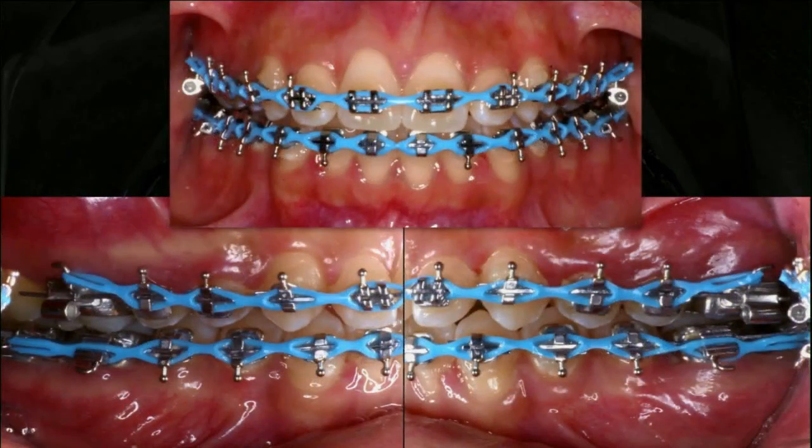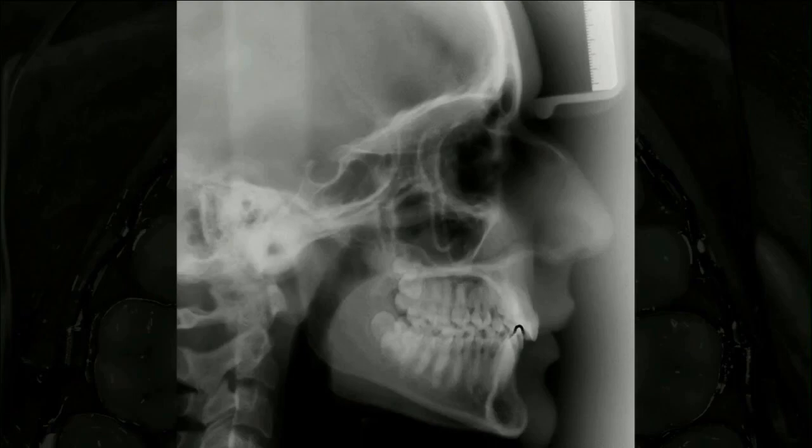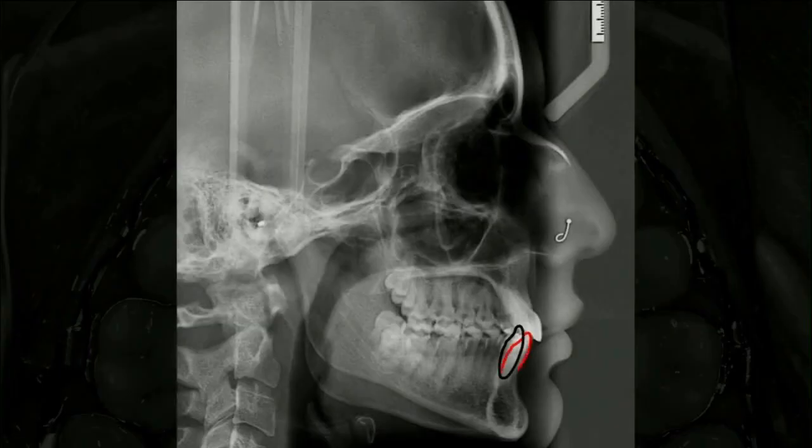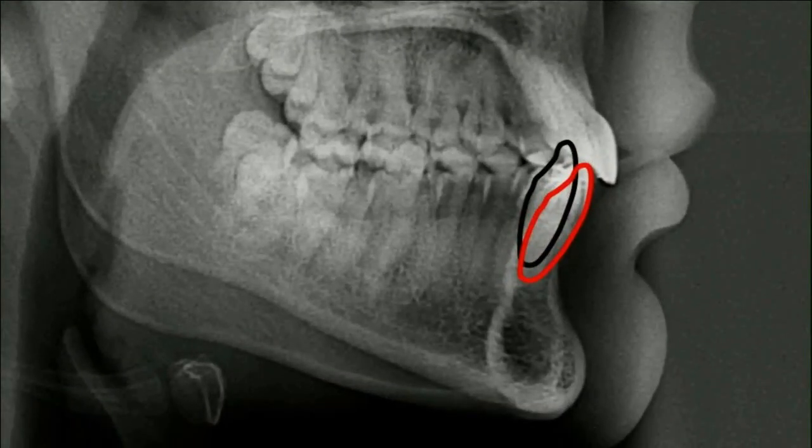And from then on, we can finish the case. We don't have to wait. That's the initial position of the lower incisor. That's the finish. And we can see that you don't get much proclination of the incisors when you do this. Of course, you're going to have some proclination, but it's not excessive.